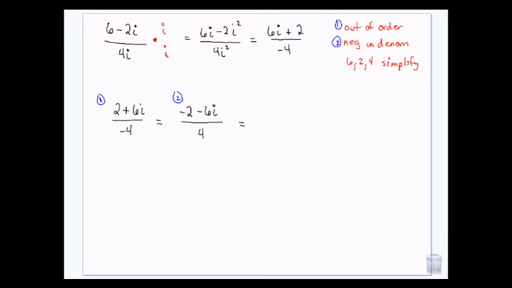And then 2, 4, and 6 all divide by 2. So it's going to be -1 minus 3i over 2. And they have to all be able to divide by the same number in order to reduce or simplify it further. If this was like a 5, you can't divide the 2 and the 4. It has to all three be divisible.